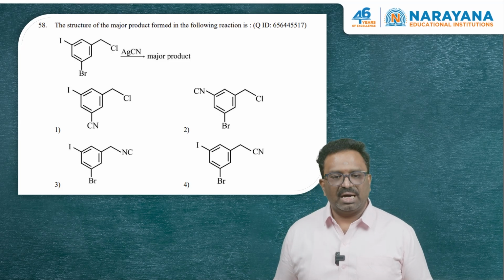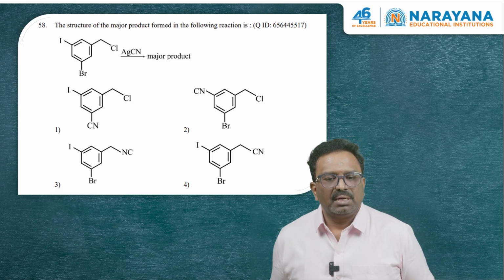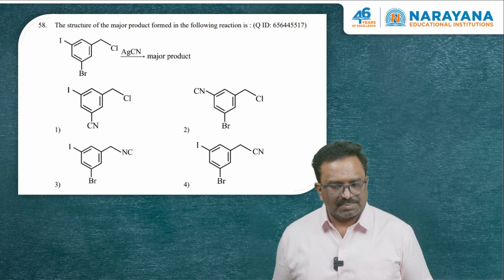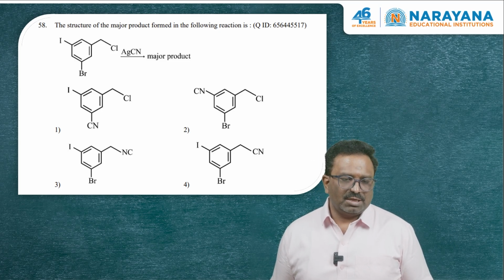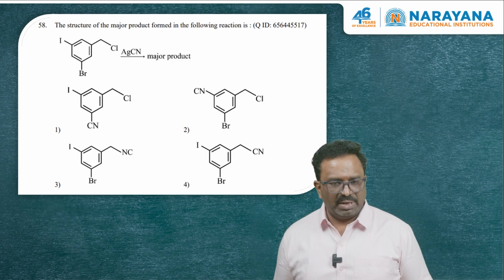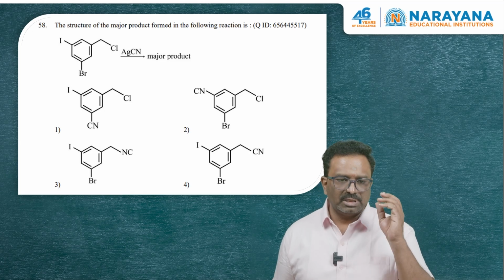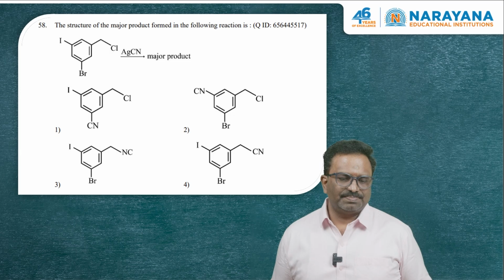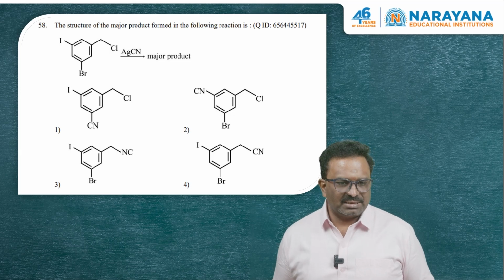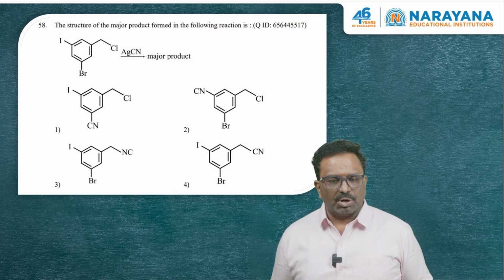The structure of the major product formed in the following reaction is. If you noticed, the reaction has iodine and bromine on the aromatic ring, whereas chlorine is present on the alkyl part. Aryl halides have very little reactivity towards nucleophiles.